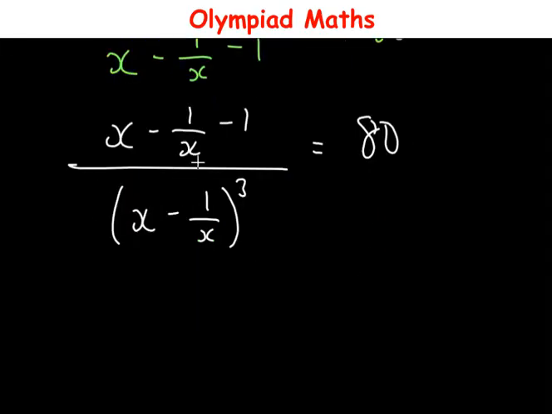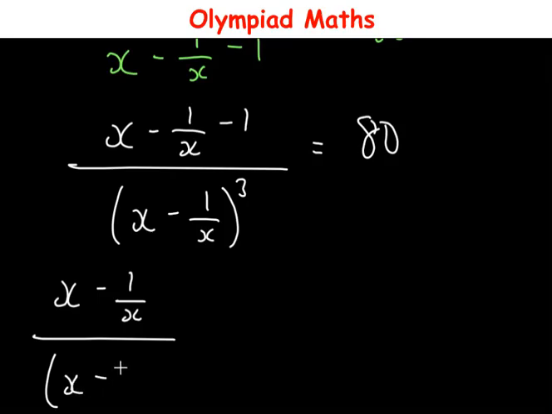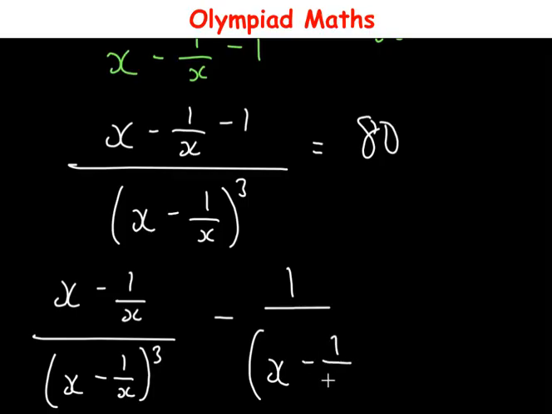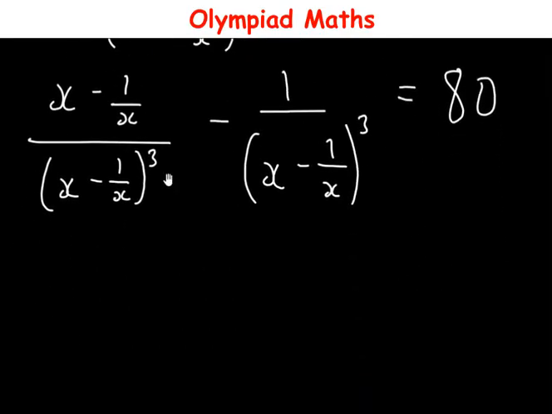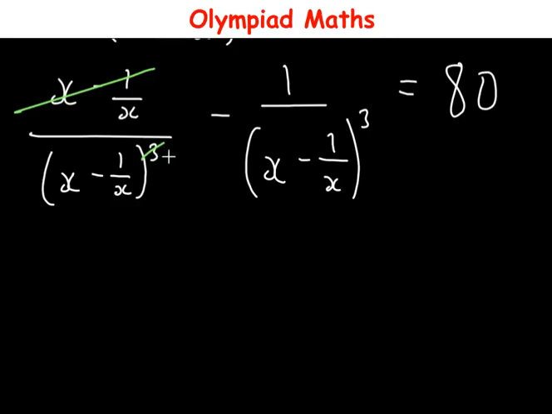Now from here, this can be written as (x − 1/x) over (x − 1/x)³, minus 1 over (x − 1/x)³, and this equals 80. So with this we cancel, and we have raised to power 2.